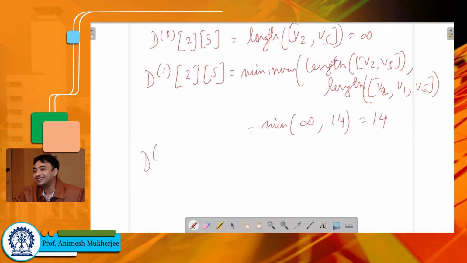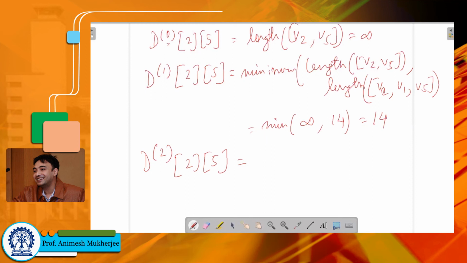Similarly, you keep on computing d2 2 to 5. Now you have 3 vertices V0, V1, V2, okay, 3 vertices. So V0 in this case is basically indicating the direct connection.